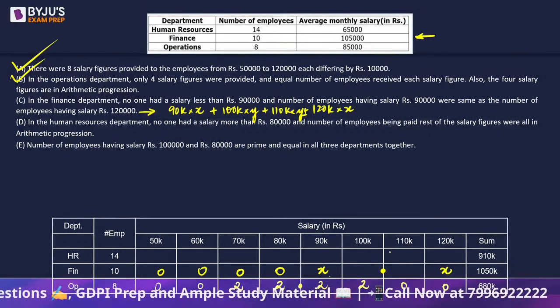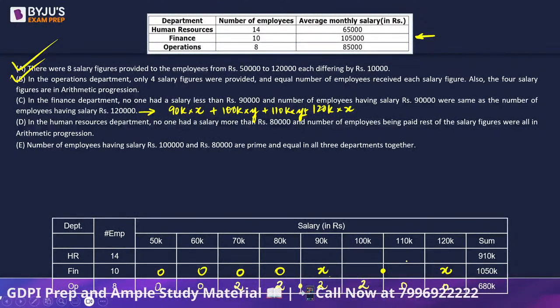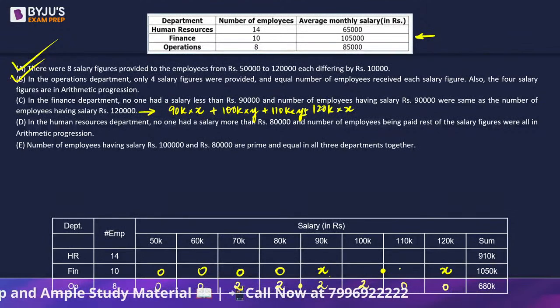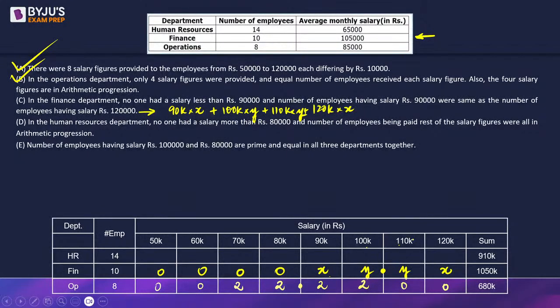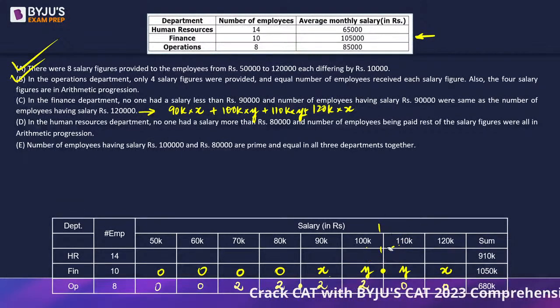But we can't simply say that 100 and 110 don't exist. Now, if I want average to be 105, so 100 and 110 का average is also 105. So the number of employees who get 100,000 salary is same as the number of employees who get 110,000 also, such that इसका average भी 105 है और इसका average भी 105 है, such that overall average is 105, right?